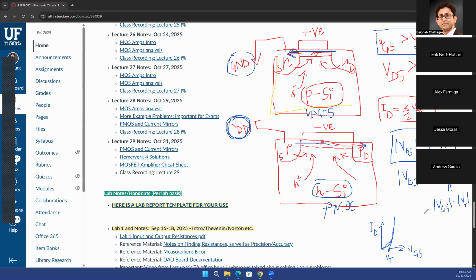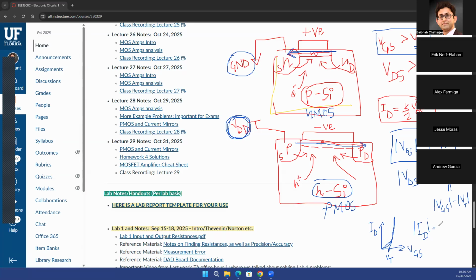And then finally, the equation for the absolute value of ID is going to be K over 2 times the absolute value of V overdrive squared. You can think about K also as a positive or a negative number, because if you represent the mobility of electrons to be in the opposite direction of the mobility of holes, that's generally not done. But let's say your mobility of holes is given in terms of positive or negative. Instead of saying that it's a mobility of holes versus mobility of electrons, you can consider the absolute number.